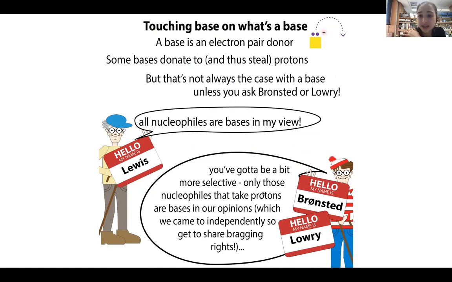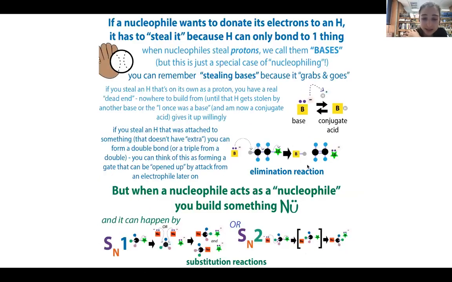And the difference is that with a Bronsted-Lowry base, what you're stealing is a proton. And so this can lead to things like elimination reactions. This is what I originally made this post for, when I was talking about SN1, SN2 stuff. If it acts as a nucleophile, you get substitution, and if it acts as a base, you can get elimination. But that's not what I'm talking about here.